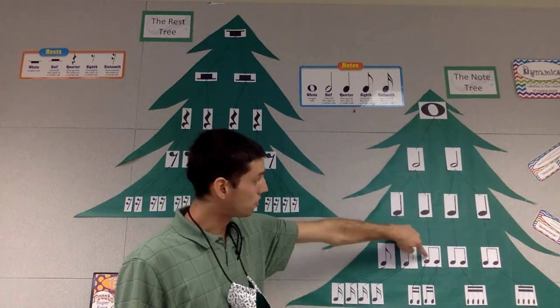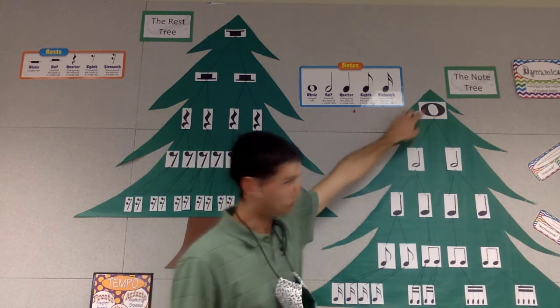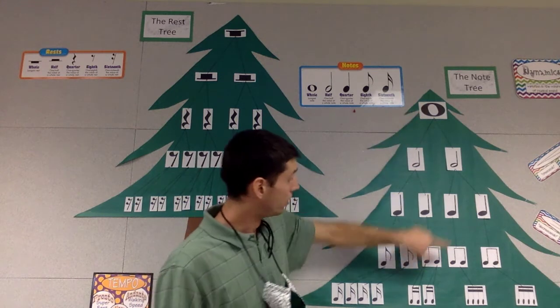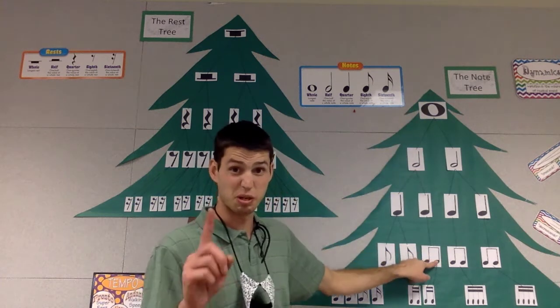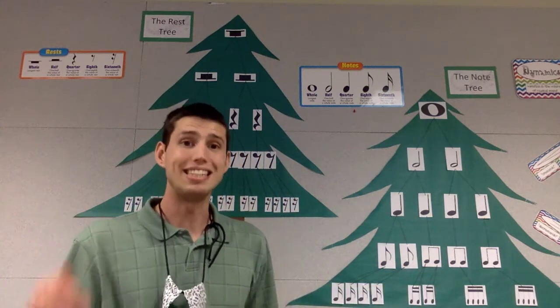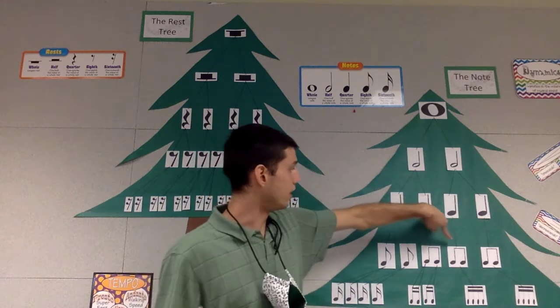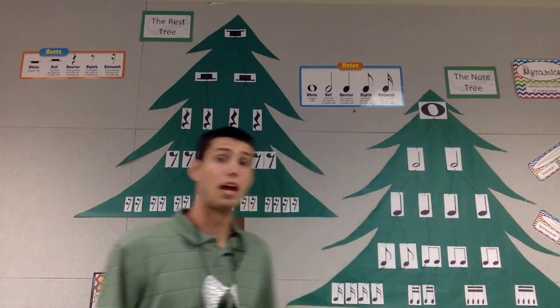And it is 2 sounds inside of 1 beat. Remember, this is 1 sound, 2 beats, 1 sound, 4 beats. This is 2 sounds, we're down to 1 beat. So this one usually we'd say is something like ti-ti, ti-ti. So if we were to say all 4 of those, it would be ti-ti, ti-ti, ti-ti, ti-ti. And then we can keep going.